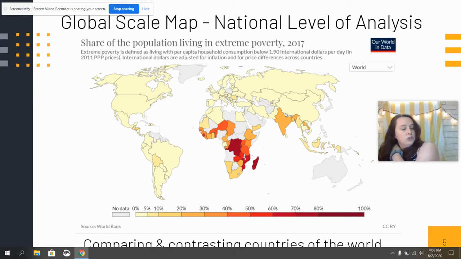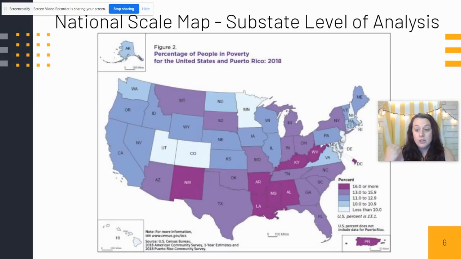So this global scale map and this national level of analysis leave out some really important aspects of this piece of data, and it doesn't necessarily help me understand the nuances or the more complicated factors of extreme poverty around the world.